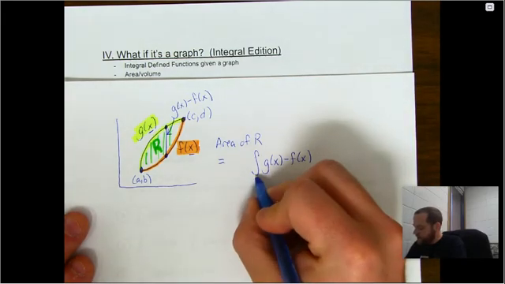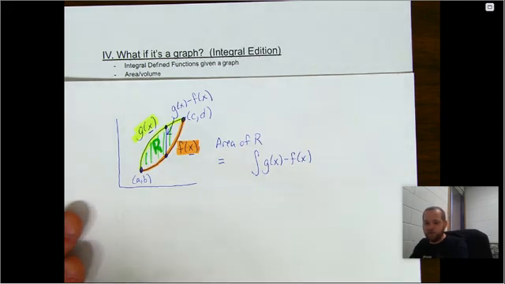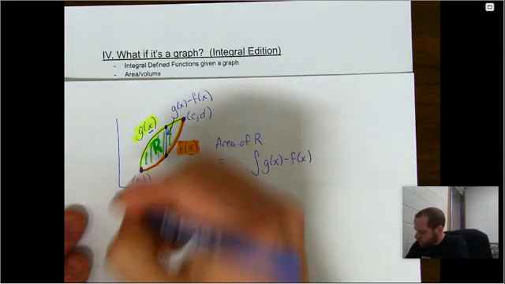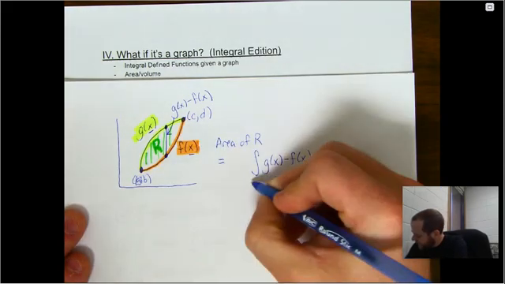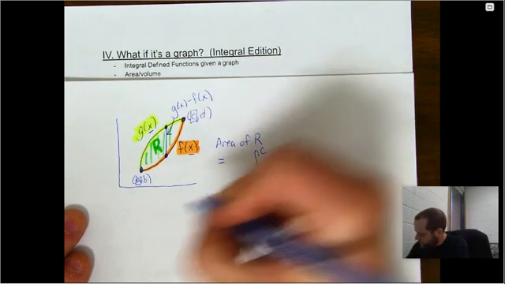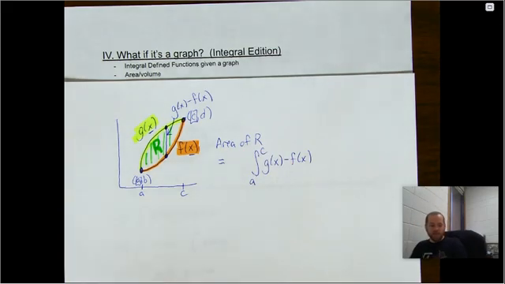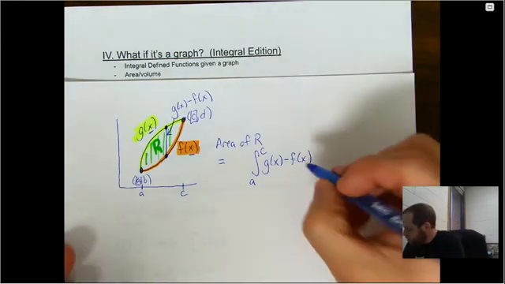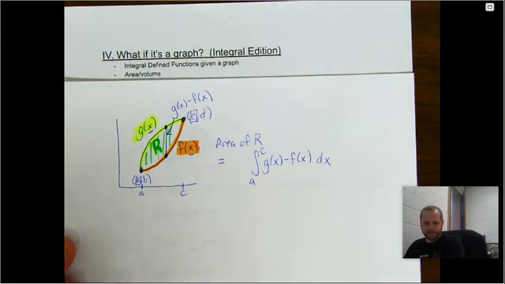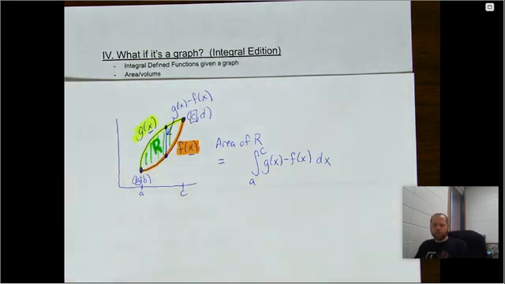And I'm going to add them up from the smallest x value to the biggest. Well, there's your smallest, A, to the biggest, which is C. And you add up all those lines with respect to x. So the area is a pretty easy thing to do.